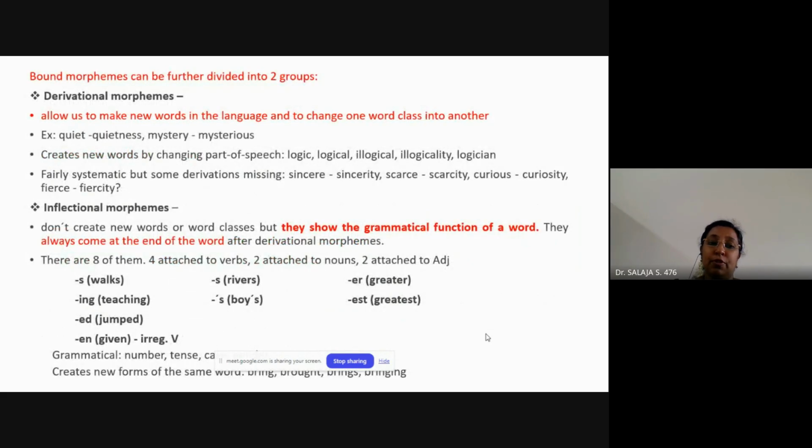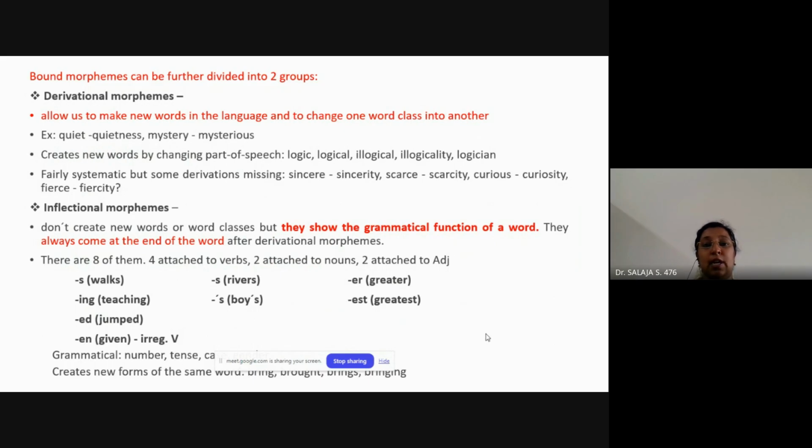The bound morphemes again were divided into two. If by adding a prefix or a suffix or both, it could indicate a word from a different class, for example a noun can be converted to a verb or an adjective, so on and so forth, or vice versa, then you call it derivational morphemes.